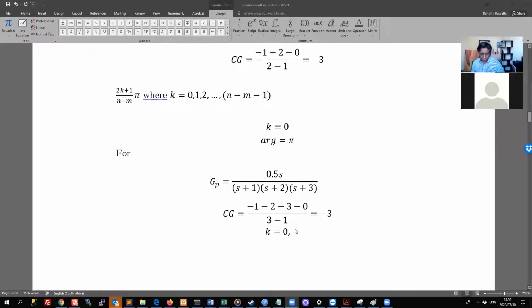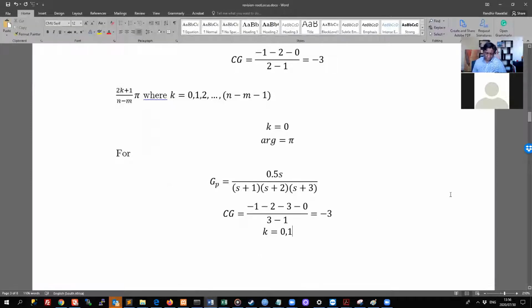Okay, so we've got the 0, and then we said n minus m is 3 minus 1, which is 2. 2 minus 1 is the 1. So now we have the 1. And then, like we said before, that then gives us pi over 2 and 3 pi over 2.